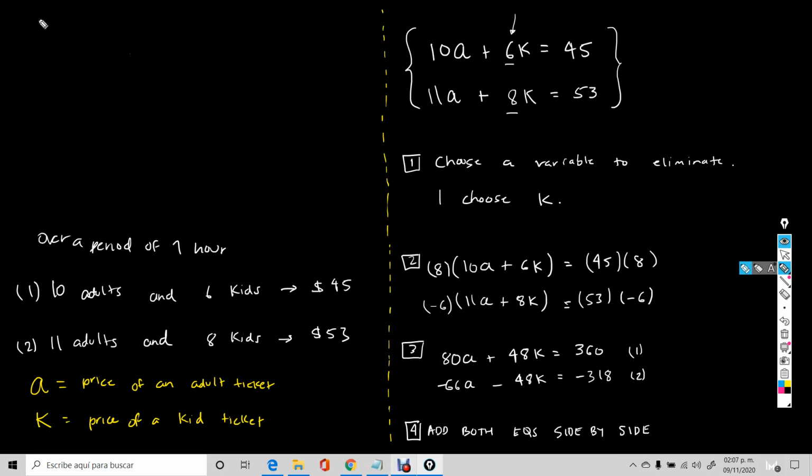I'm going to copy the whole thing in here. 8a plus 48k equals 360. This is my first equation. And then we have minus 6a minus 48k equals minus 318. So I just copied all I had. And now you're going to perform step number 4, which is add both equations side by side.